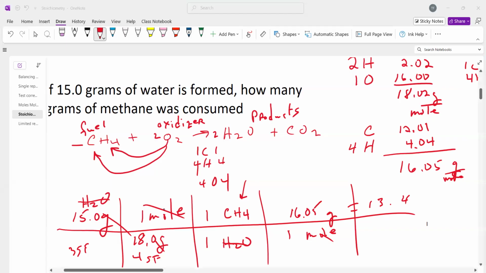You mean right here? Is that what your question was? Okay. Yes. I should blame the meds I was on. Okay, so it's 13.4 grams of what? Methane.